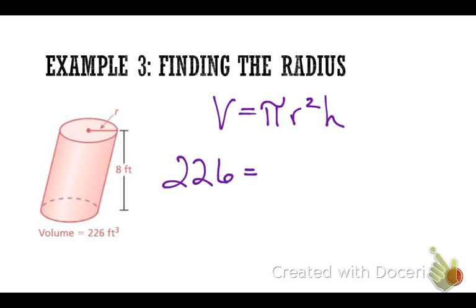Do I know a value for pi? Yes, 3.14. Do I know the radius? No, it's r squared. Do I know the height? Yes, it's 8. So now I have something different happening here.